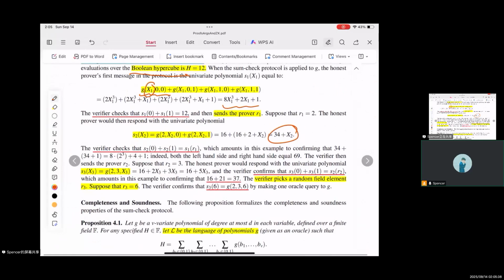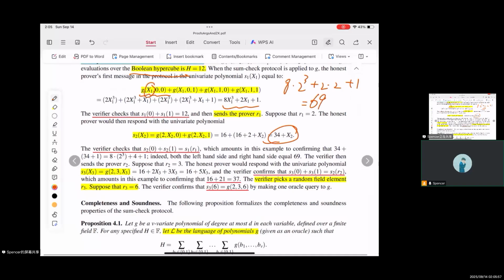S1 is this polynomial and R1 is 2, so 8 times 2 to the 3 plus 2 times 2 plus 1 equals 8 times 8, 64, plus 4 plus 1, 69.